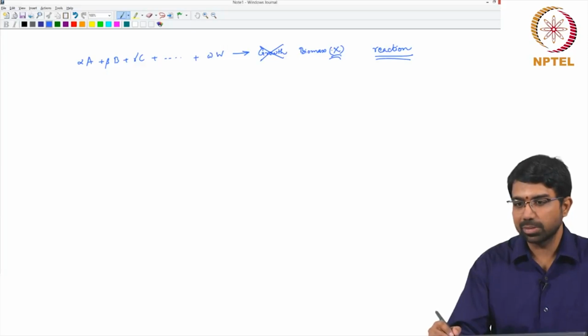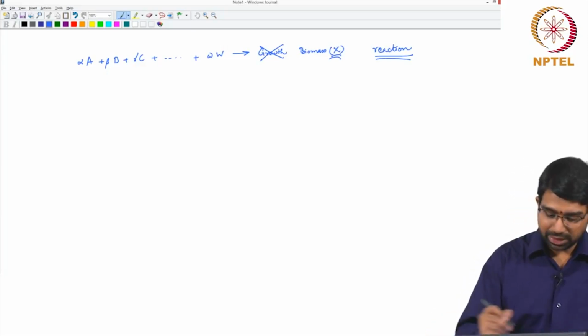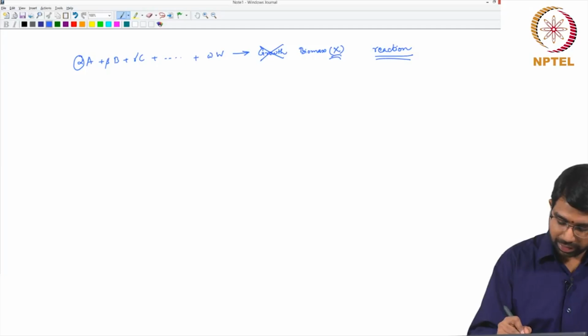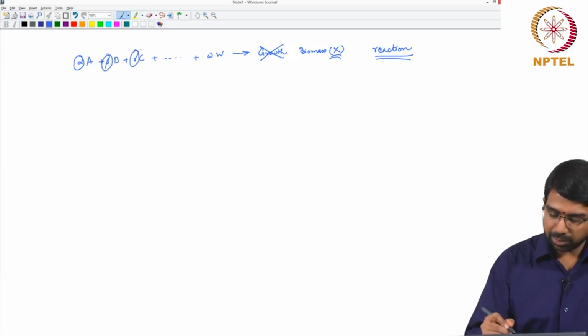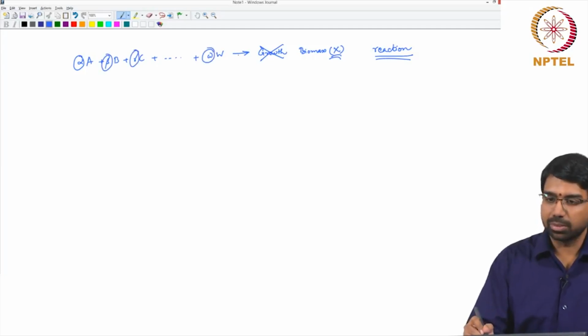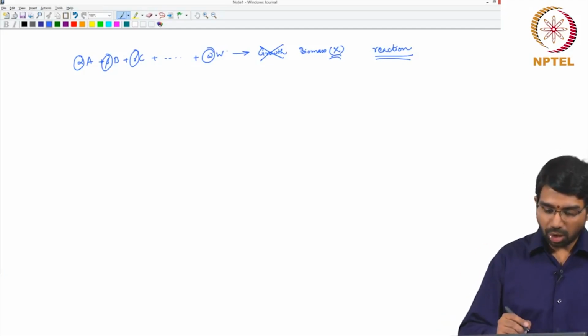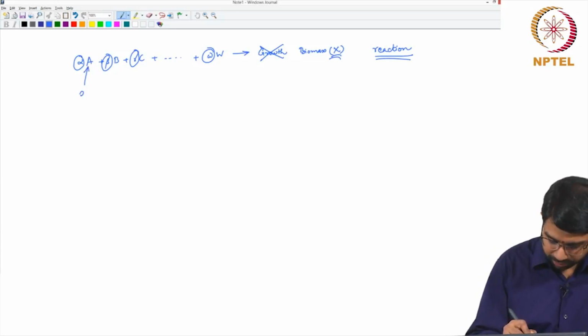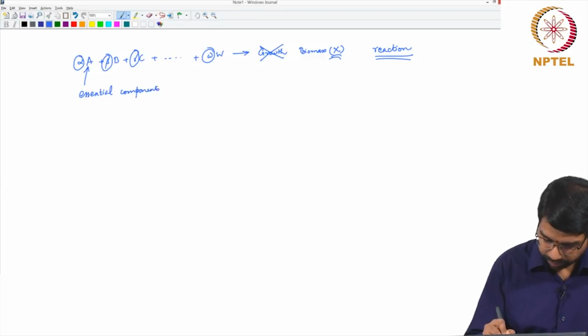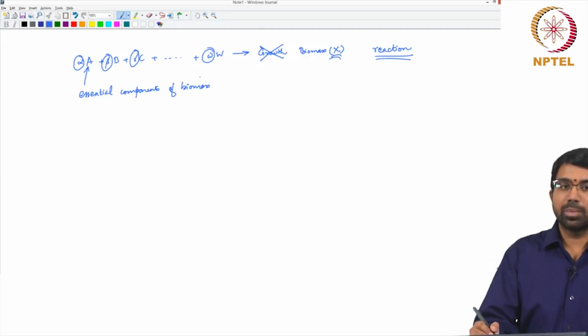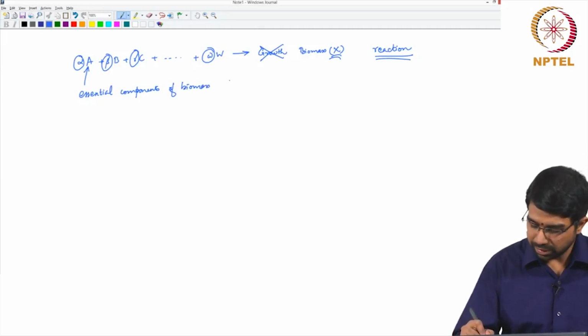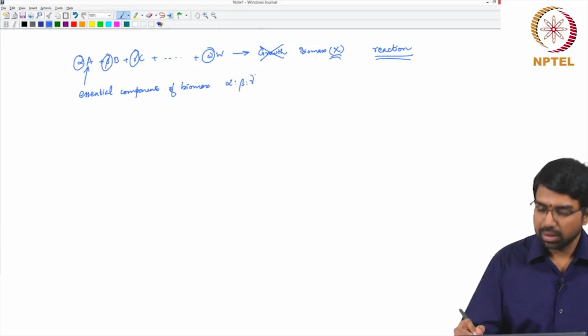Biomass is a fictitious metabolite X. So, it needs alpha moles of A, beta moles of B, gamma moles of C and omega moles of W to produce X. So, all these can be your essential components of biomass in the correct ratio.